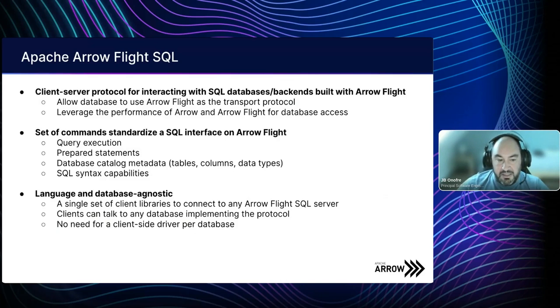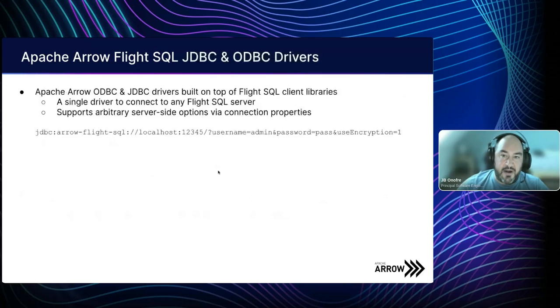Only the location changes. So there is no need to update the client-side driver, for instance. And this Arrow Flight SQL is basically wrapped into JDBC and ODBC drivers. So it's pretty convenient because you can add the JDBC driver directly in your Java code, and it's going to work out of the box.